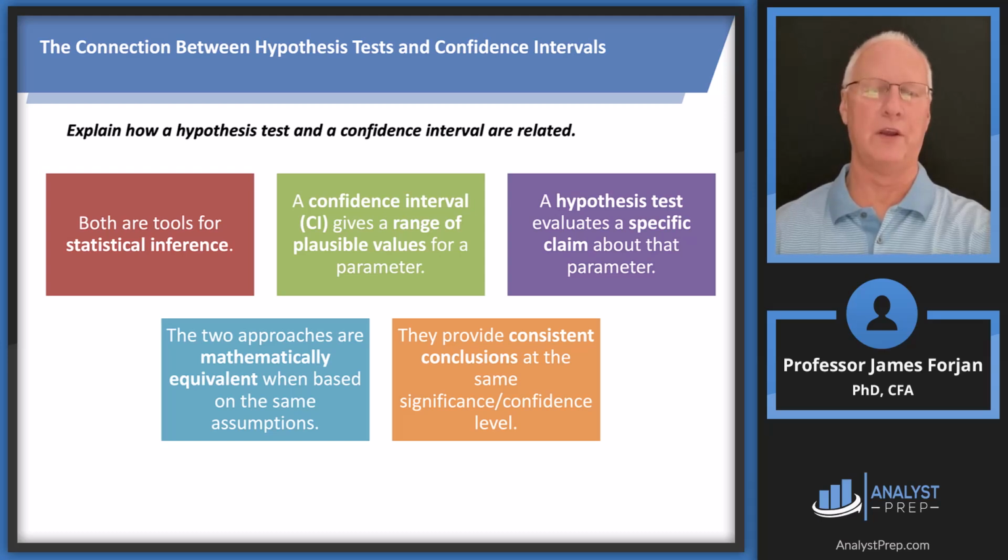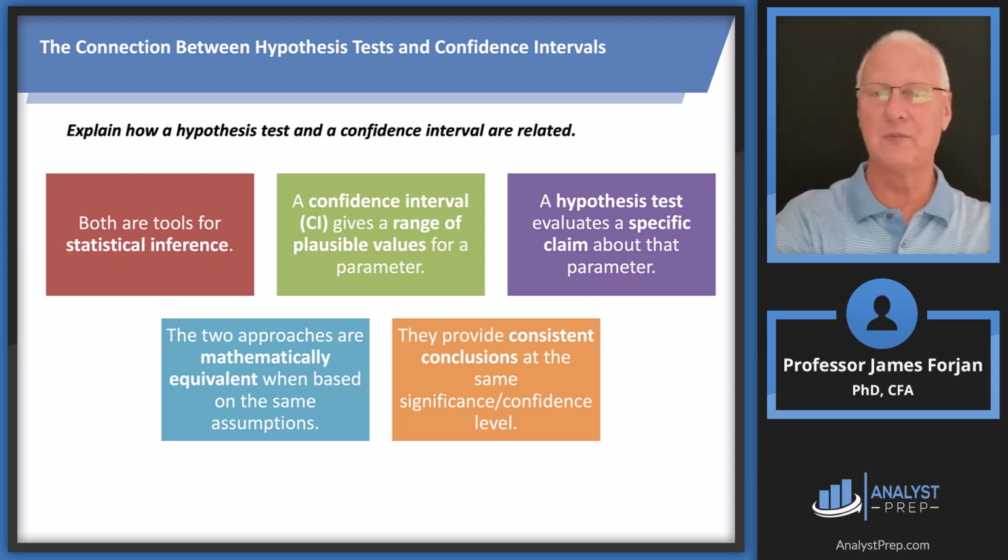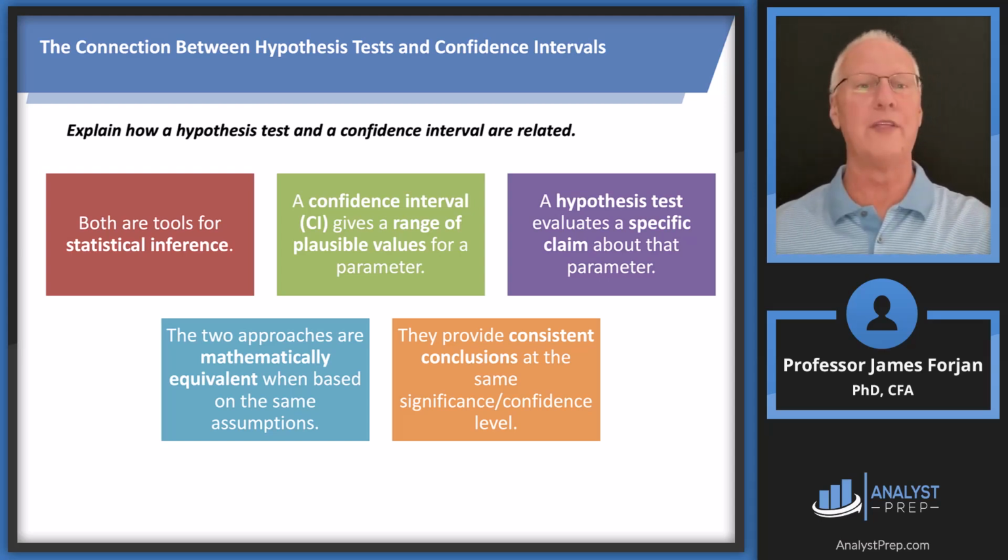Now the next part says something like, all right, that confidence interval that we just did, is that a different test than the hypothesis test that we did earlier? Or are they the same tests? And the answer is that it's two different ways to skin a cat.